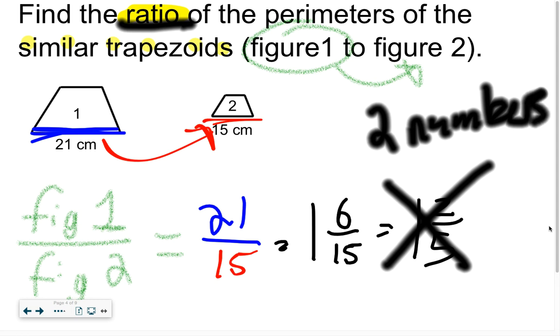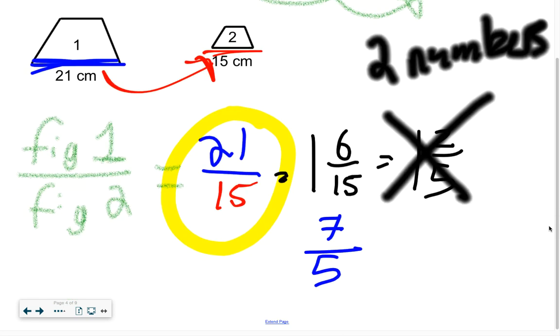That will not work. So today, as strange as it sounds, we're going to take this fraction and we're just going to reduce it. Since I can take a 3 out of both of them, that is what I'll do. I'll divide the top by 3 and I'll get 7. And I'll divide the bottom by 3 and get 5. Even though that's an improper fraction, that there is your final answer.